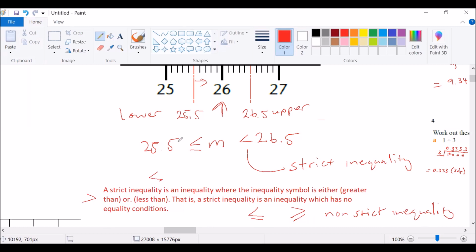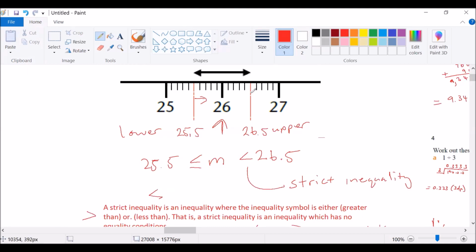So we use a non-strict inequality there because if we round up 25.5, which will go to 26, at here at 26.5, we use a strict inequality because if we round it off to the nearest centimeter, it will jump to 27. We want closer to 26.